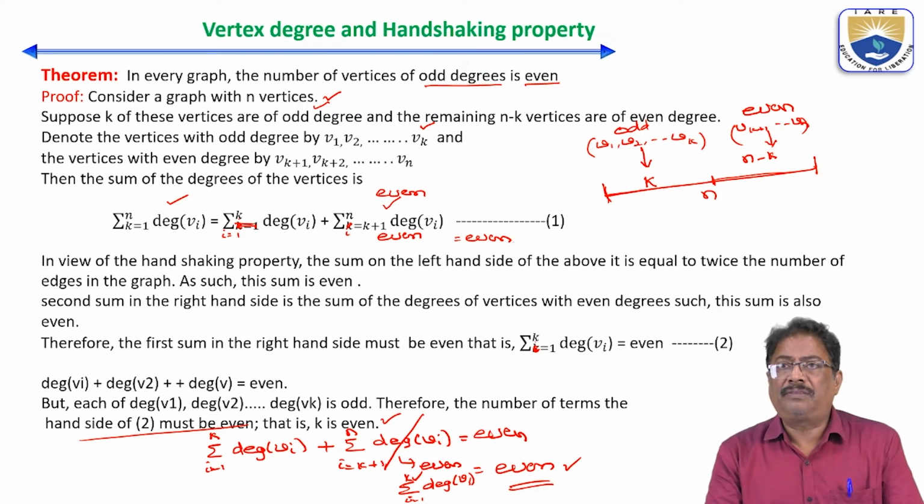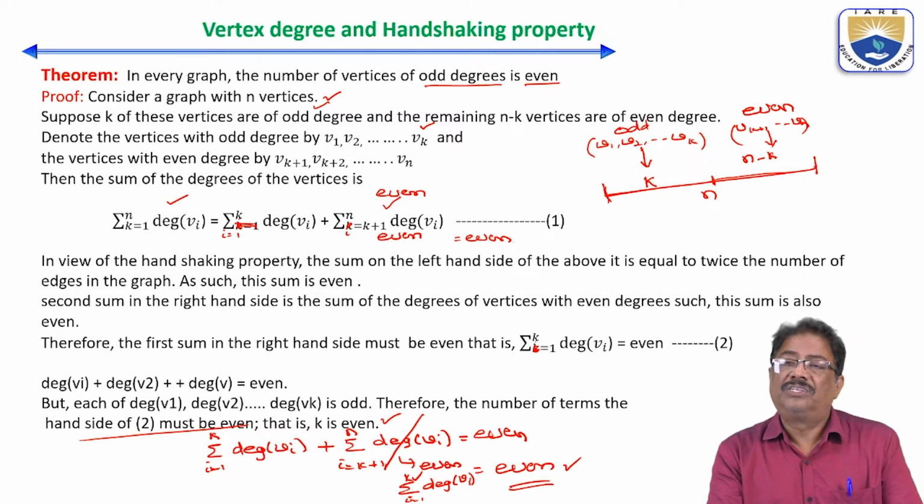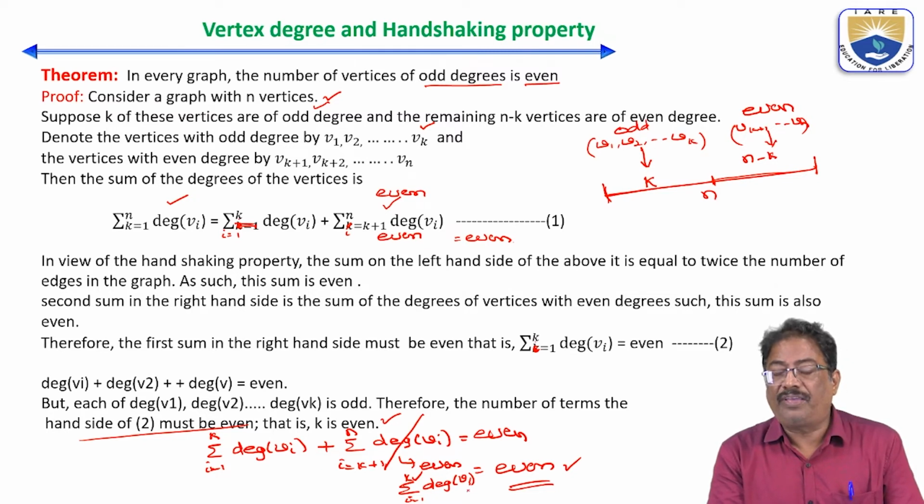So the remaining vertices have even degree. Whatever the number of vertices, either odd or even, the product should be even. If I take that to the right hand side, that should be even. Even minus even is even. So the summation i equals 1 to k of degree of vi is even.